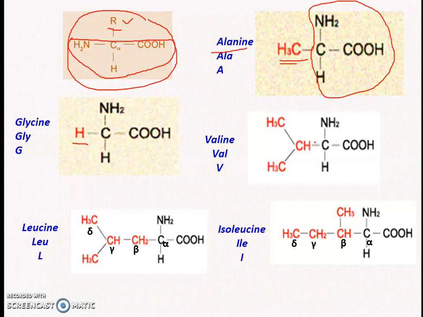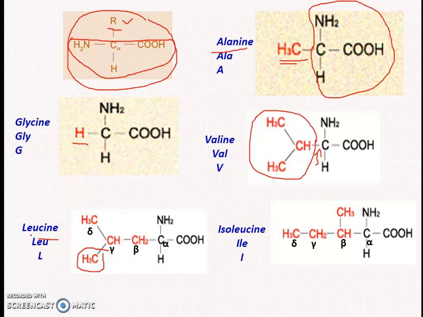Likewise, valine. For valine, you remember this structure apart from the general structure. In place of the methyl group, there is an isopropyl group attached here. Then if you add one methyl group here, it becomes the leucine structure. Remember, this methyl group is attached at the gamma carbon.